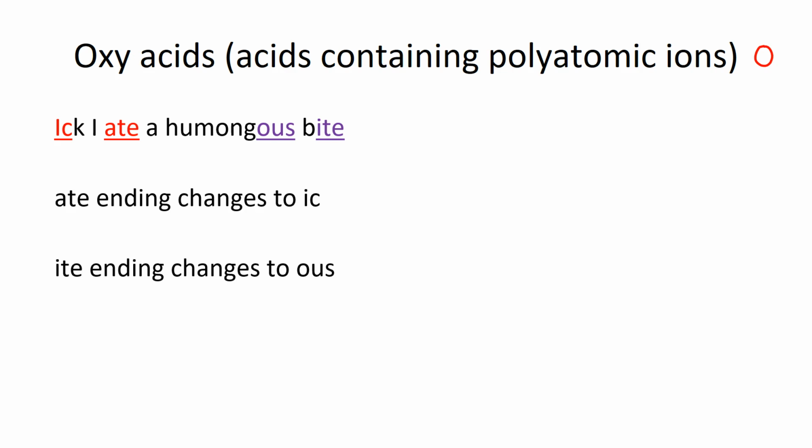So I'll give this example. And I'm not putting it in an acid just yet, but if I look at the polyatomic ion list, and I find NO3 negative, what polyatomic ion is that?